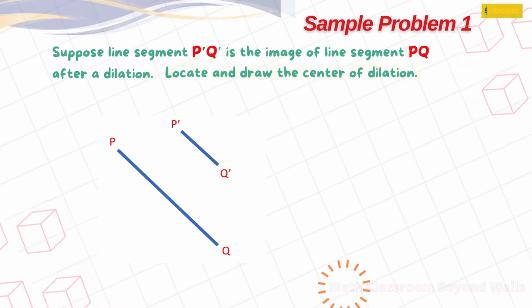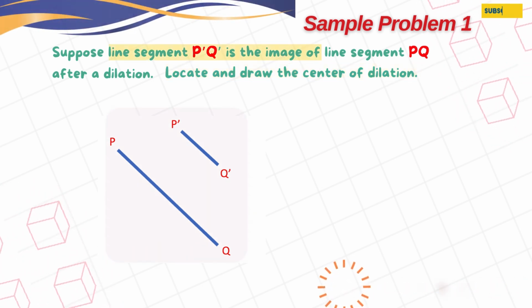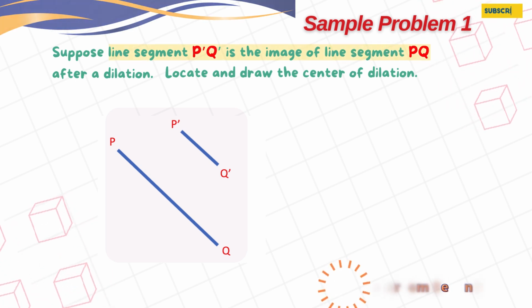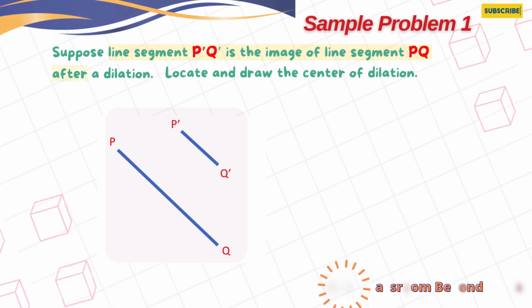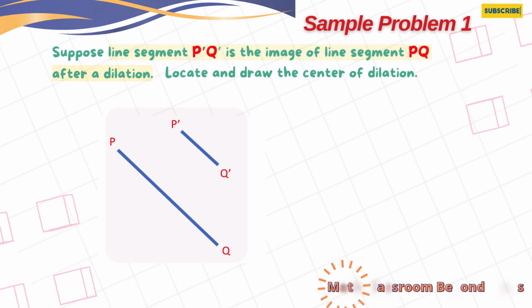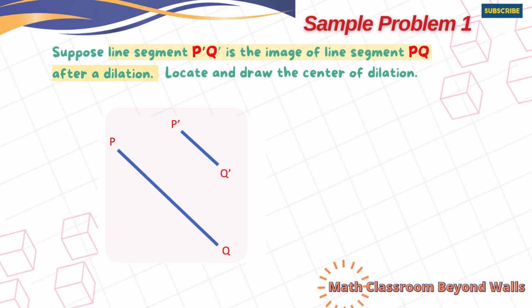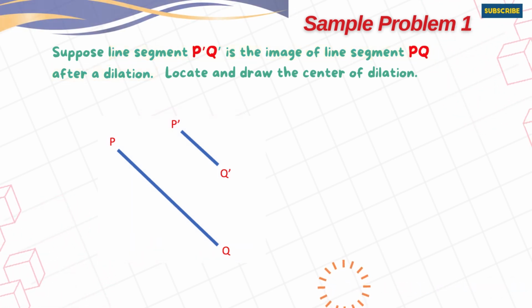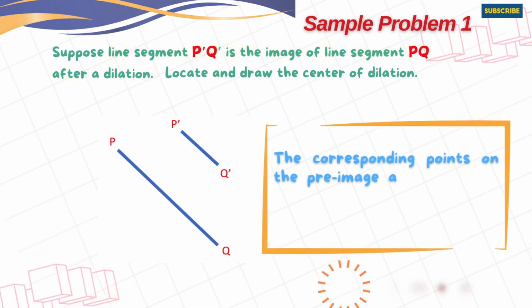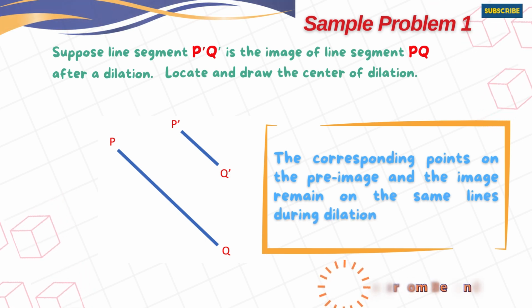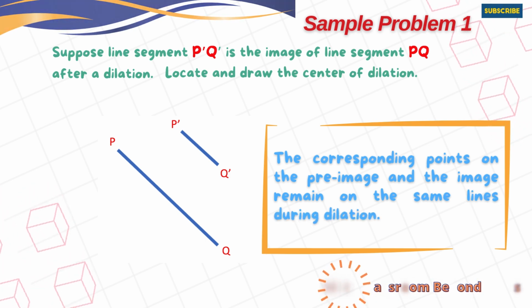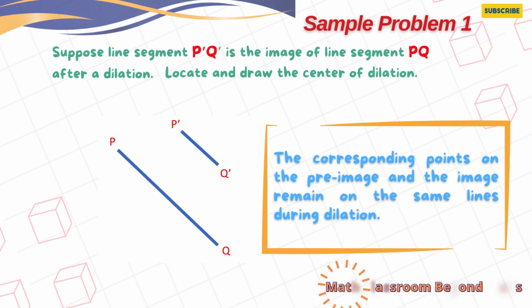We're given a figure where line segment P prime Q prime is the image of line segment PQ after a dilation. To answer the problem, you have to recall the property of dilation, which says the corresponding points on the pre-image and the image remain on the same lines during dilation.